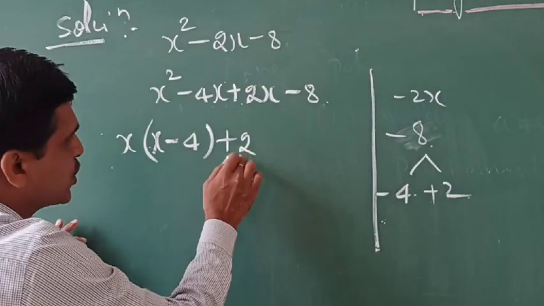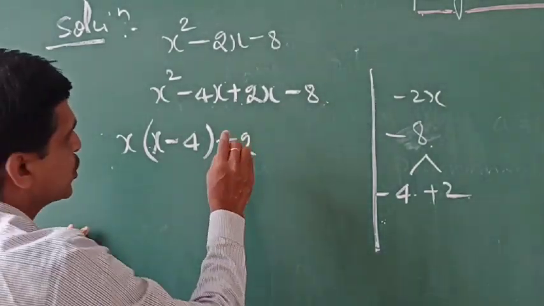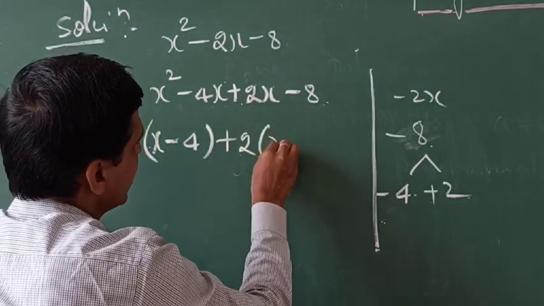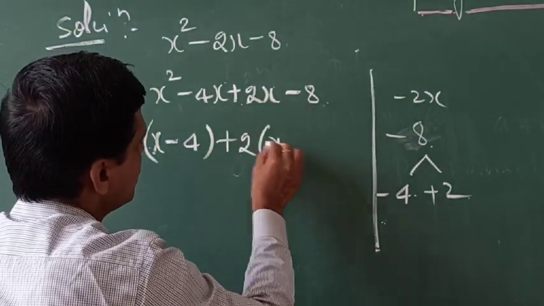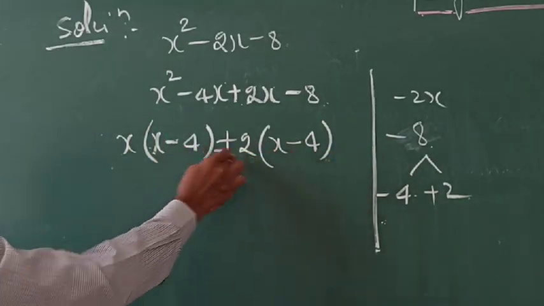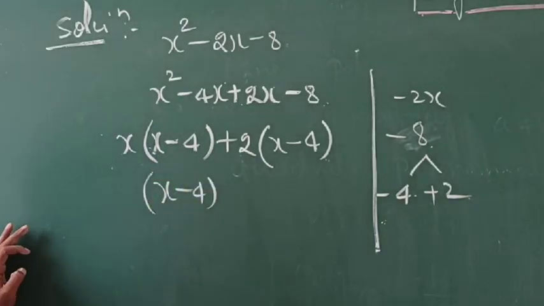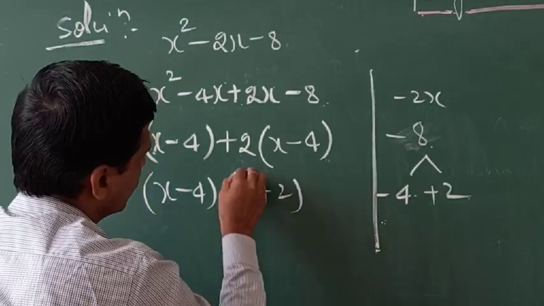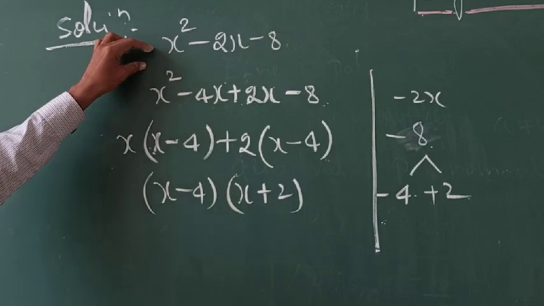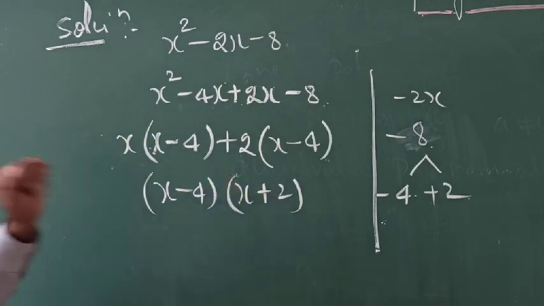So 2x divided by 2 is x, and plus divided by minus means minus, 2 fours are 8. What is the common factor here again? x minus 4. And what is the remainder? x plus 2. So the factors of this polynomial are x minus 4 and x plus 2, by using the factorization method.